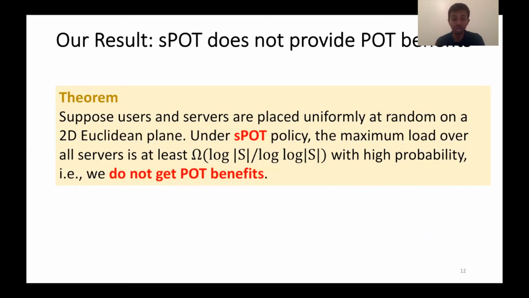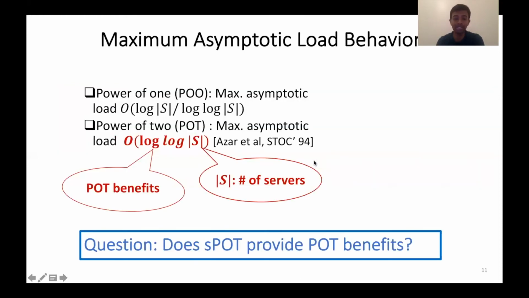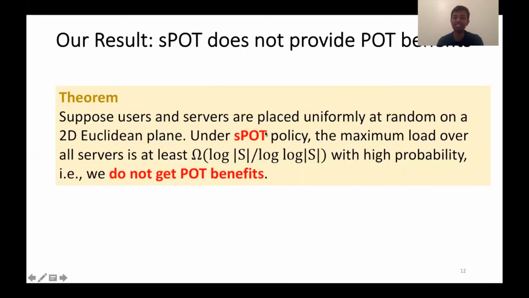We are also able to show that when users and servers are placed uniformly at random on a 2D Euclidean plane, the load associated with the SPOT policy is Omega of log |S| divided by log log |S|. If you observe here, the random allocation, or power of one, gives you this load behavior. So what we are claiming is that if you adopt a SPOT policy, then you're no better than the random policy or the power of one policy. So we do not get power of two benefits.